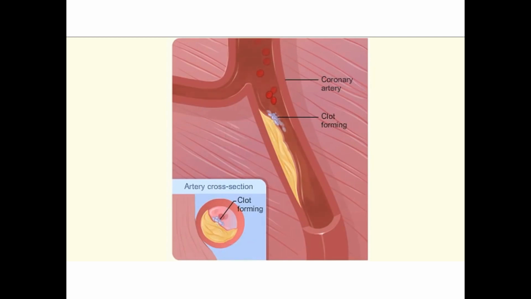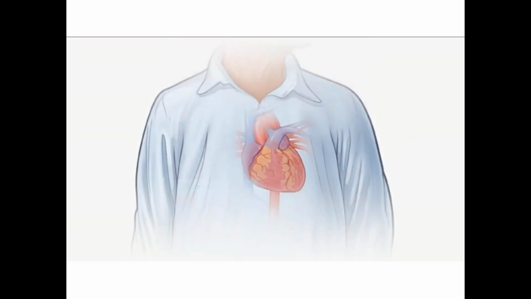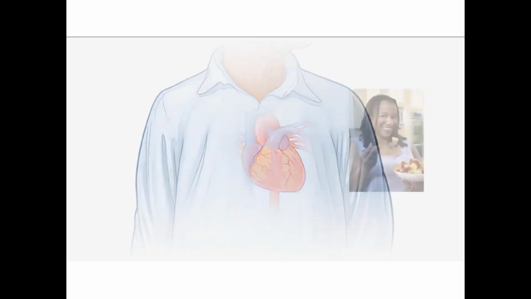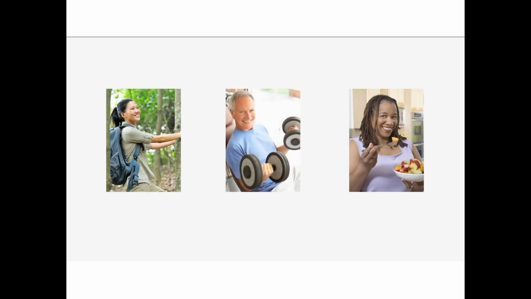If the plaque ruptures, a blood clot can form on its surface. A large blood clot can mostly or completely block the flow of blood through a coronary artery, which can cause a heart attack. Atherosclerosis is a common health problem. The main treatment for atherosclerosis is lifestyle changes, such as following a healthy diet, quitting smoking, and being physically active. You also may need medicines and medical procedures.